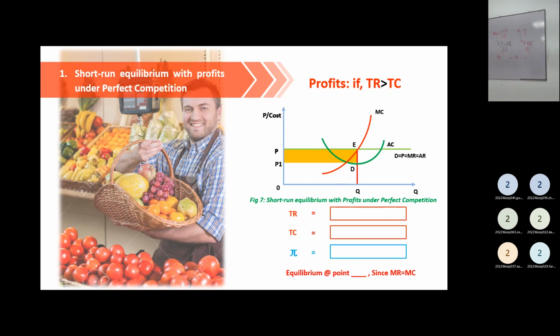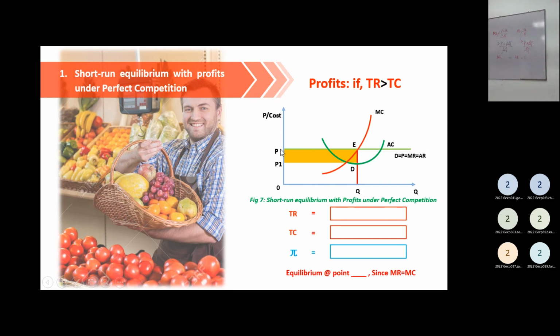Okay, so now we were at this point. Now what we are going to do is go above. We are moving. Now which curve are we going to meet? Our average revenue curve. This is our average revenue. P is our average revenue. If you are going to produce Q number of units, this is the average revenue.